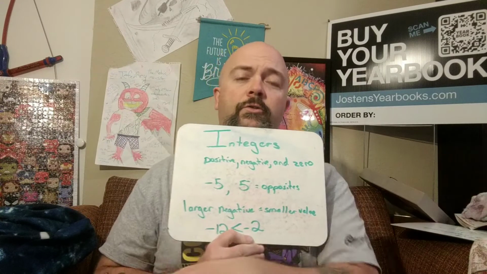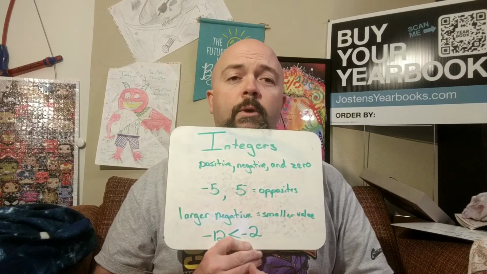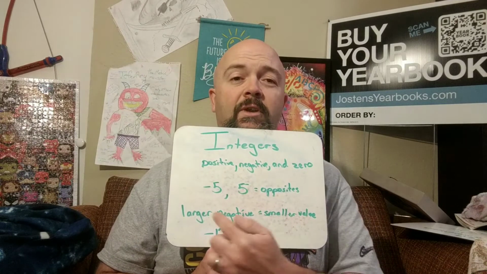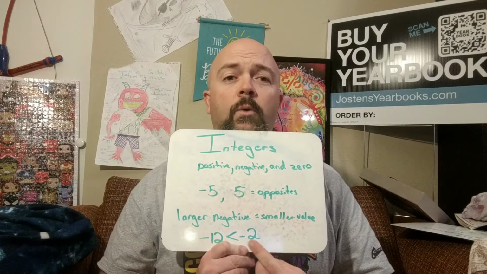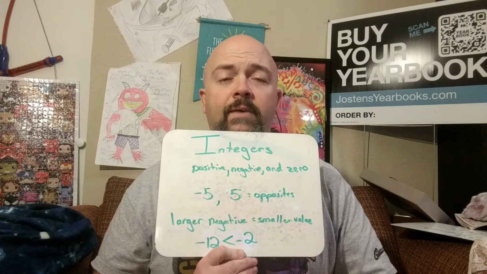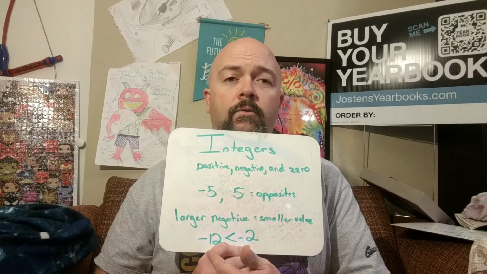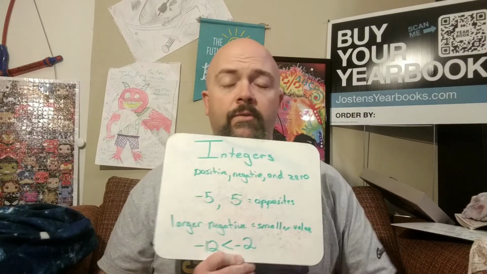So it's all the spectrum of whole numbers. A couple of quick things to remember. You have opposites. -5 and +5 would be opposite of one another. Also, the greater the negative, the lesser the value. A -12 is actually a smaller value than a -2. Stuff like that. That's stuff that's good to know for your Study Island.